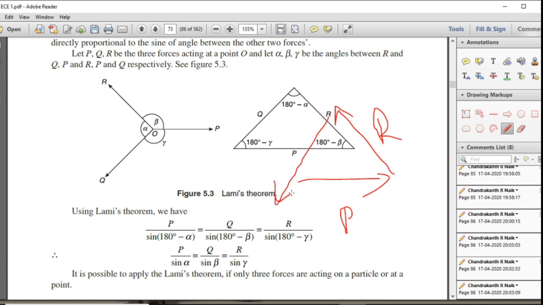So what is this angle? After P, the force R is at angle beta. This is the angle beta.